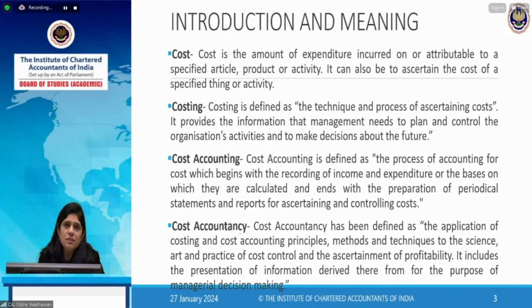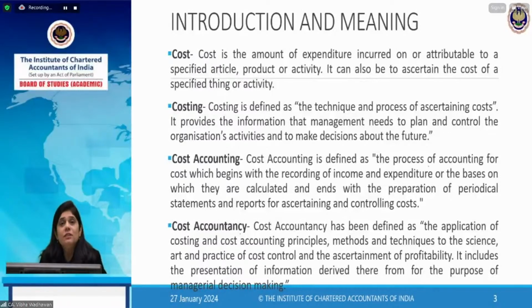Cost accounting, as the name suggests, is the recording of cost. It's the proper accounting for cost. We record the income and expenditure on the basis of whatever we are calculating, and then we prepare periodical statements and reports as per the management objectives and requirements. So cost is the expenditure, costing is the technique of ascertaining or computing cost, and cost accounting is the recording of that cost.